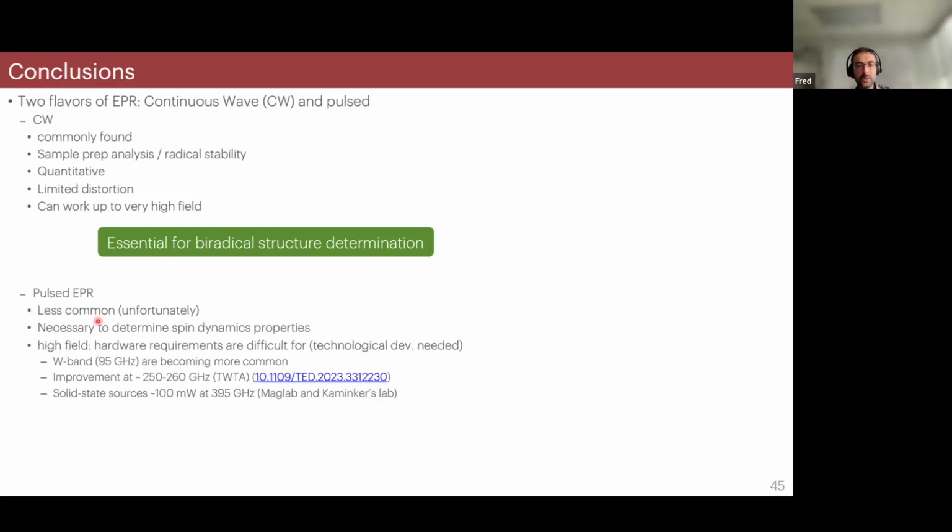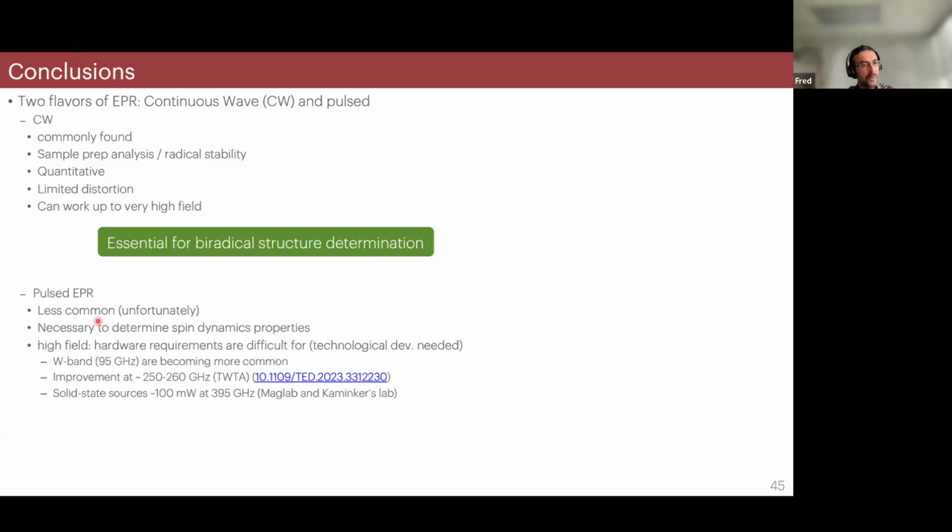Now you have also the pulsed EPR. It's less common, unfortunately. But it's obviously necessary if you need to know the spin dynamic properties. And there are few high field EPR setups because the technical requirement on the source is very demanding.